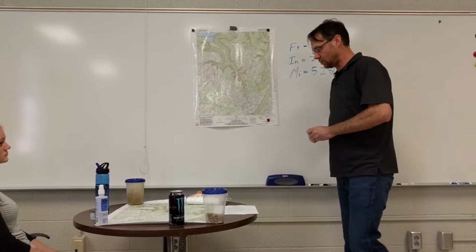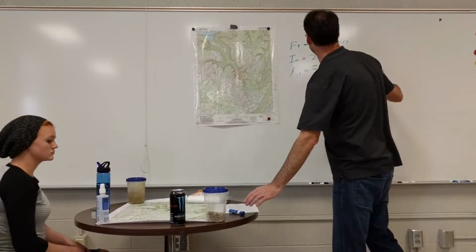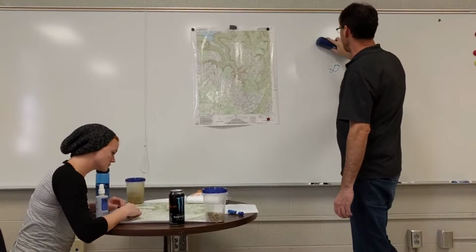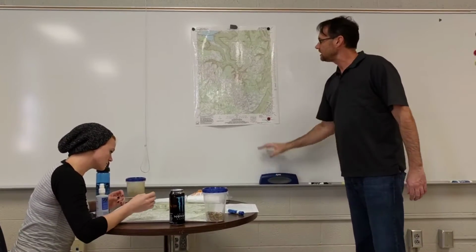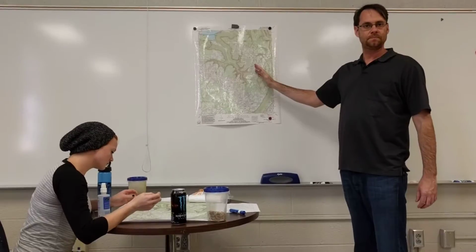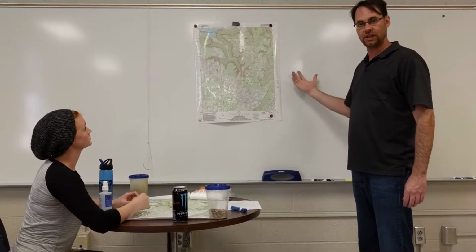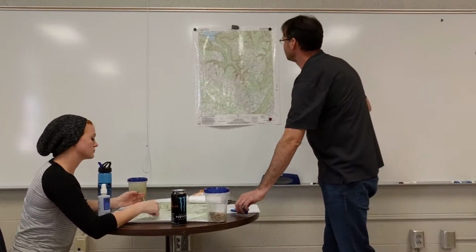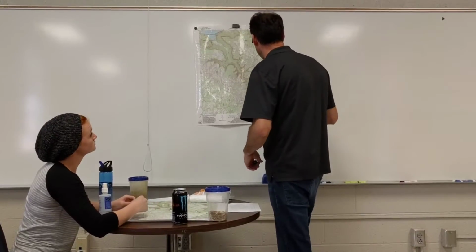Okay, so now we want to go through the process of finding the distance on the map and converting that to a land distance. So what I would like to do is pick 2 spots.